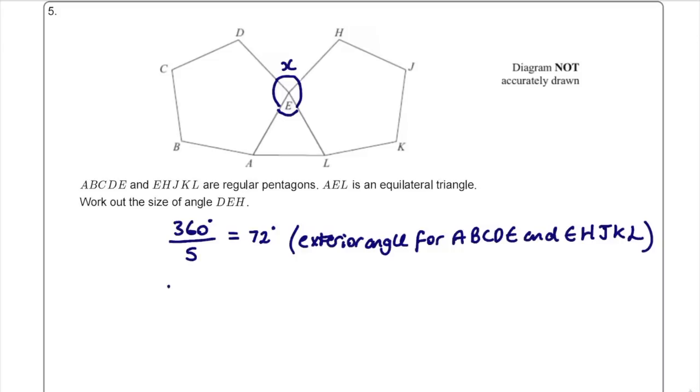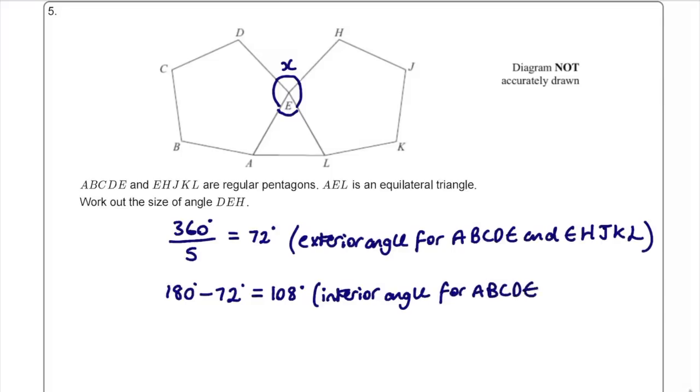We can do 180 minus 72, which gives us 108, to work out the interior angle for A, B, C, D, E and E, H, J, K, L. So that's 108. That's 108.